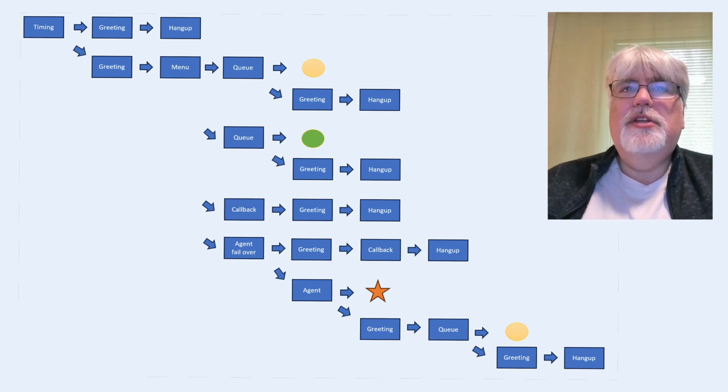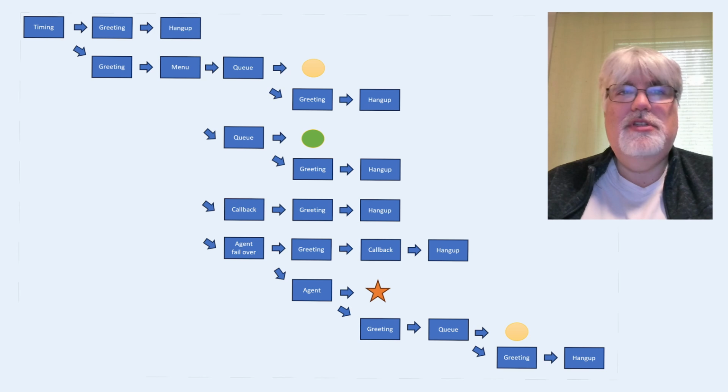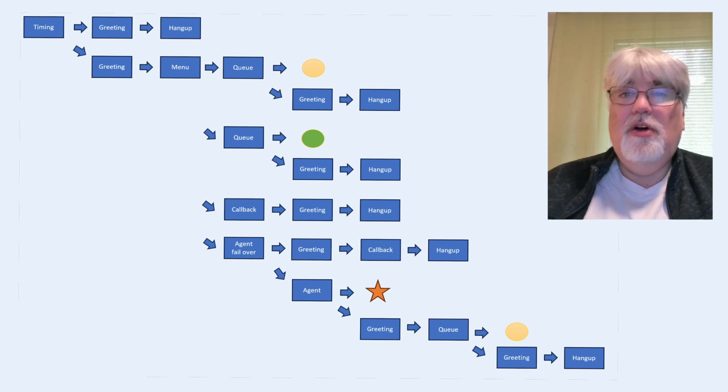The other thing I'd like you to notice here is that we have two parts of this flow which are the same as each other. Both at the point when the customer chooses one to go to customer service, or if the manager does not pick up in time. In both cases, we have a situation where we're going to direct the call to the customer service queue, and if the queue is not active right now, we have a greeting and a hang up.